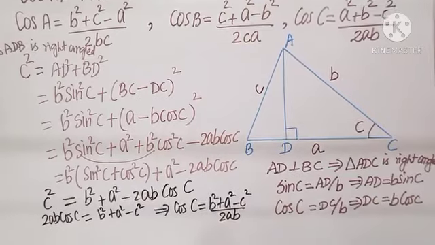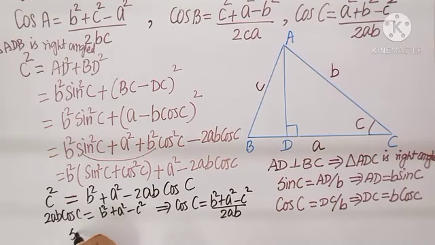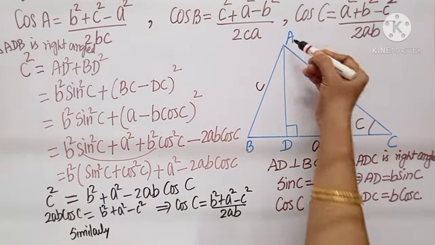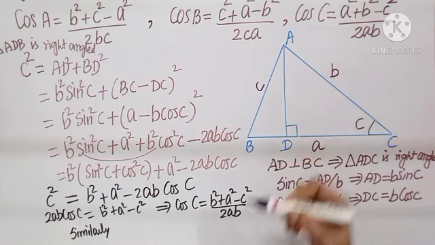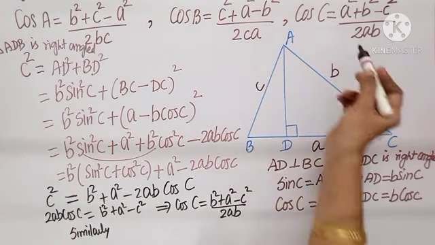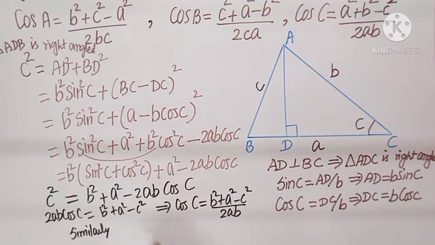I can say similarly the other two results. It is not necessary for a to be here. I can keep b here or c here, and cyclically changing we get the next two results. Cos B: remember, when it is C, I have minus c square.